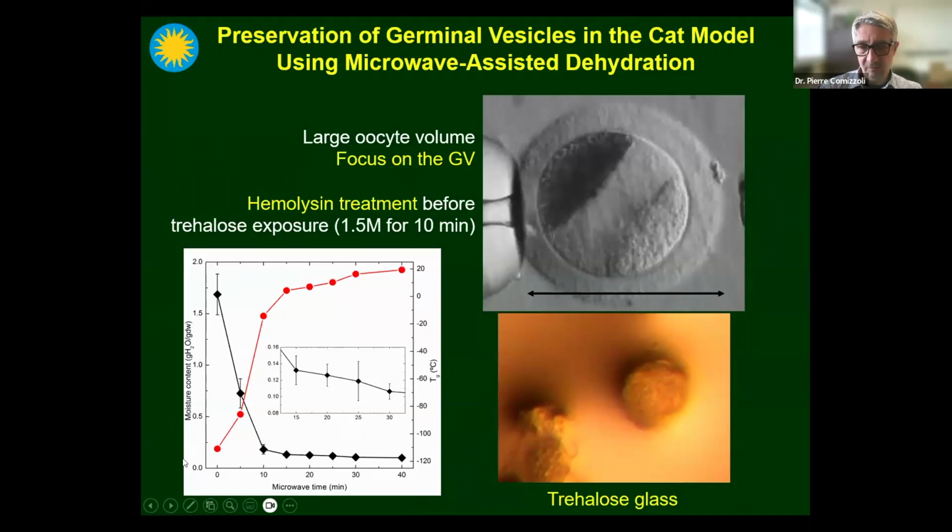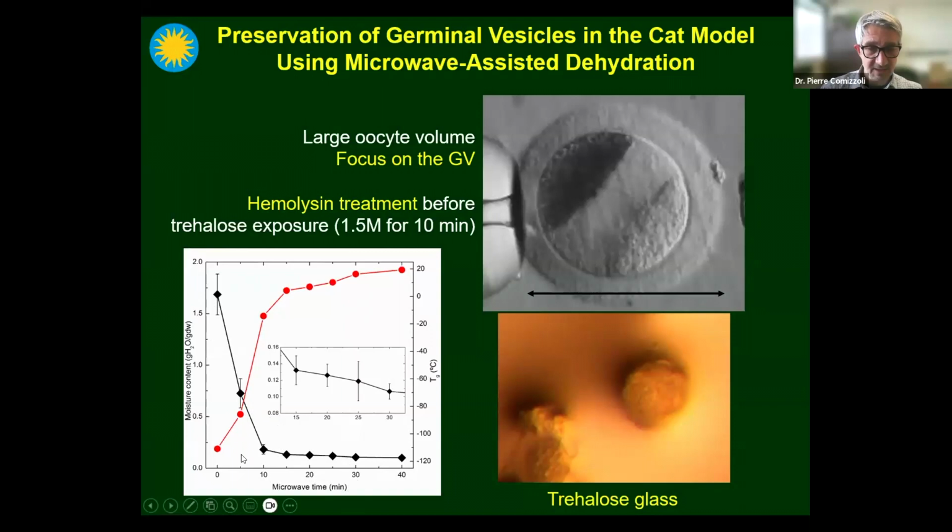And here, this is really to show you how it works, because when you dry, as you can see when you look at the black curve, when you expose the samples to different times of microwave pulses, at some point you reach a very low moisture level.